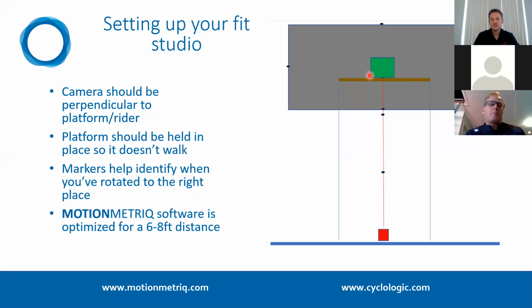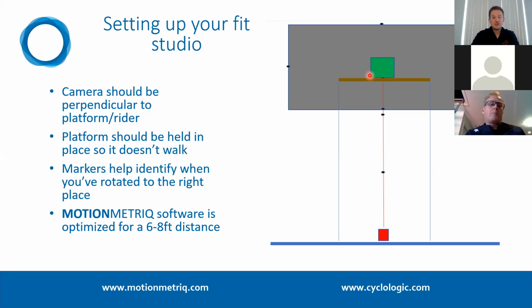That's a huge thing, because what you'll find with rotating platforms is they'll go one way a little bit easier than the other way. If you keep pulling in the same direction, it starts to migrate across the floor, and before you know it, you're almost out of shot and nowhere close to lined up. So having the platform held in position makes a big difference and is really, really useful.